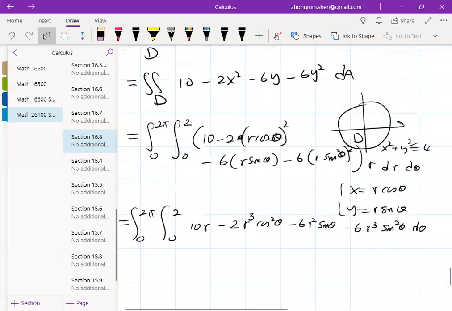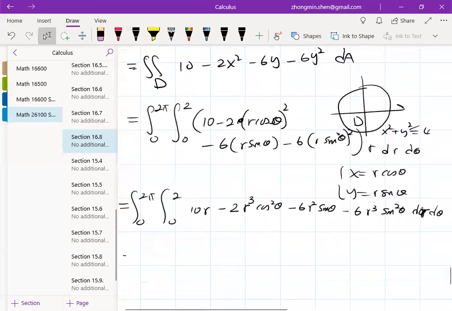So if you evaluate the integral with respect to r and theta, the antiderivative of 10r is 5r squared, so you will get 5 times 2 squared minus the antiderivative of 2r cubed, which is 2 over 4 r to the 4th power.